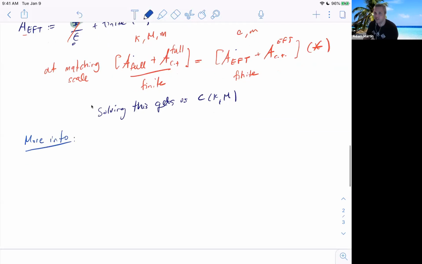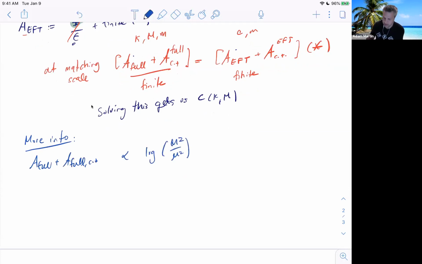Just what kind of stuff can appear in a loop, right? Forget the pole, the 1 over epsilon stuff. We know I'm going to subtract that out. But what's the finite stuff that can appear? Well, in the full theory, this guy could depend on log M squared over mu squared.